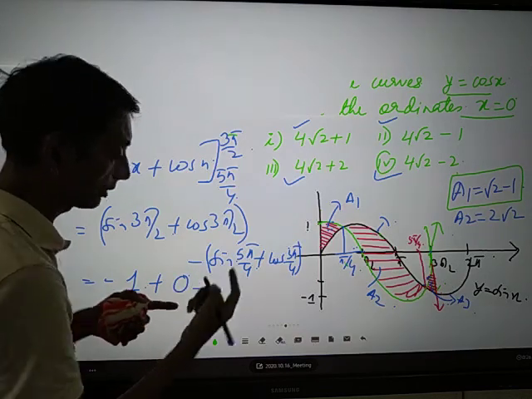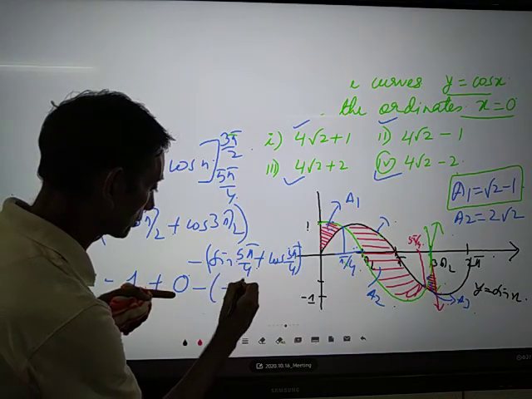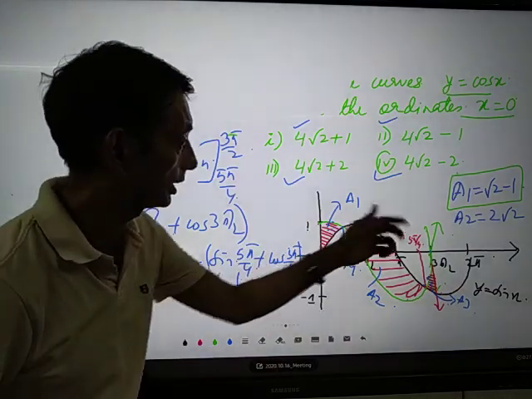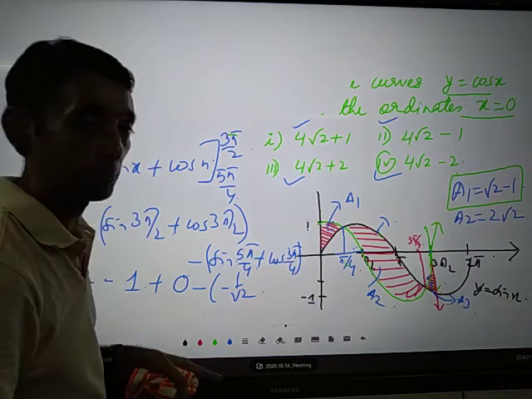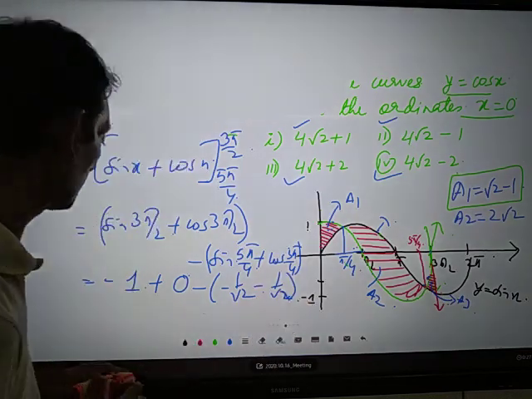Then we have already done sin 5 pi by 4. Sin 5 pi by 4 is minus 1 by root 2, which we already used to determine area A2. Then cos 5 pi by 4 is also minus 1 by root 2.